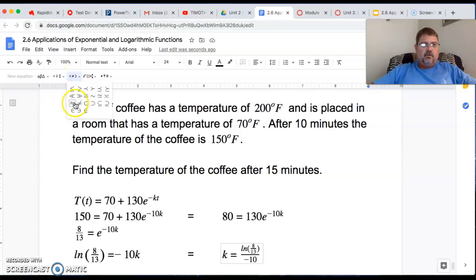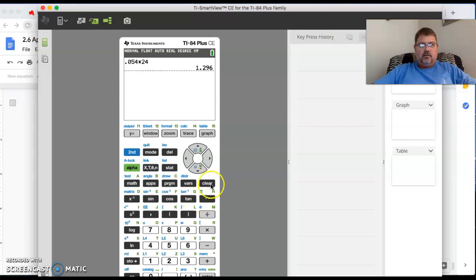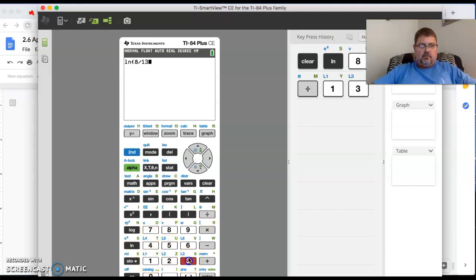So let's see. What do we get? Let's go to our handy dandy calculator. I'm going to get the natural log of 8/13 divided by -10.